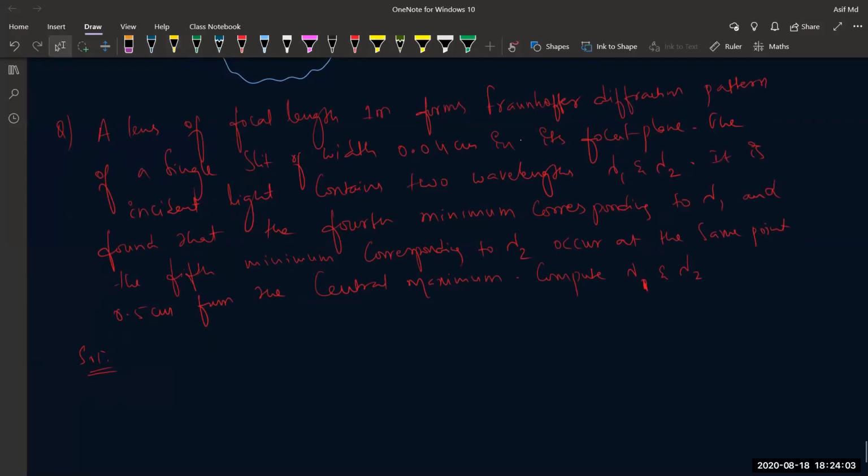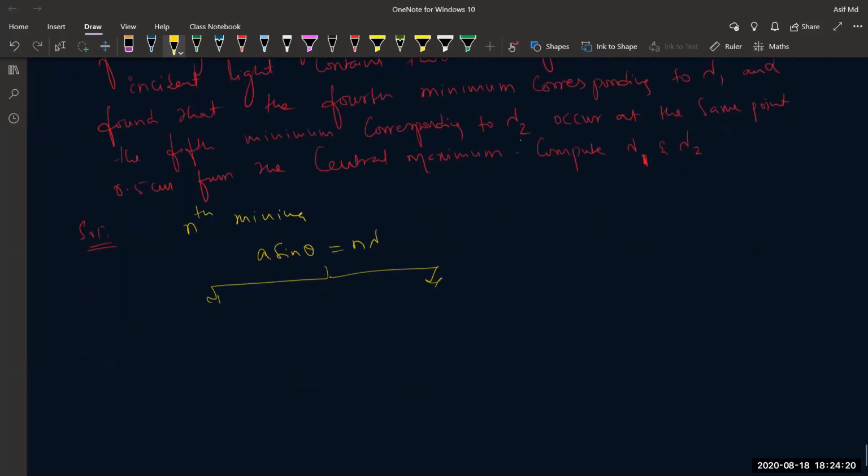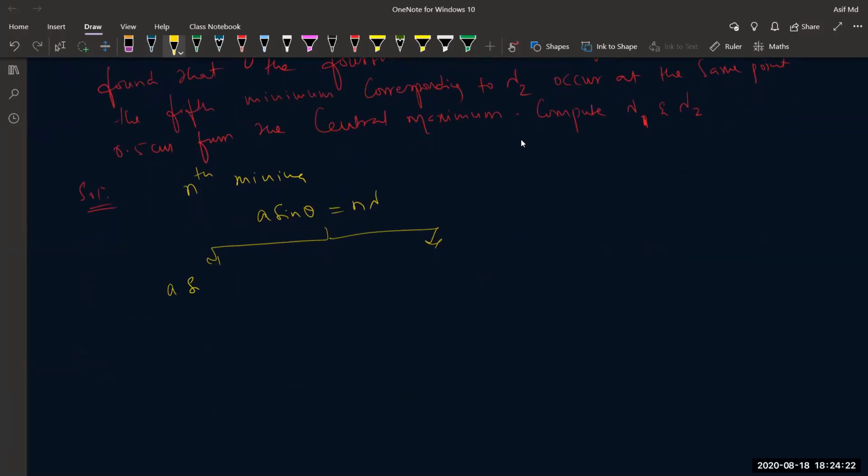Since it is minima, what is the position for the nth minimum, beta? Can anyone tell me? a sin theta must be equal to n lambda, isn't it? So writing this for the two cases, a sin theta 1 corresponds to 4 lambda 1, and a sin theta 2 corresponds to 5 lambda 2.